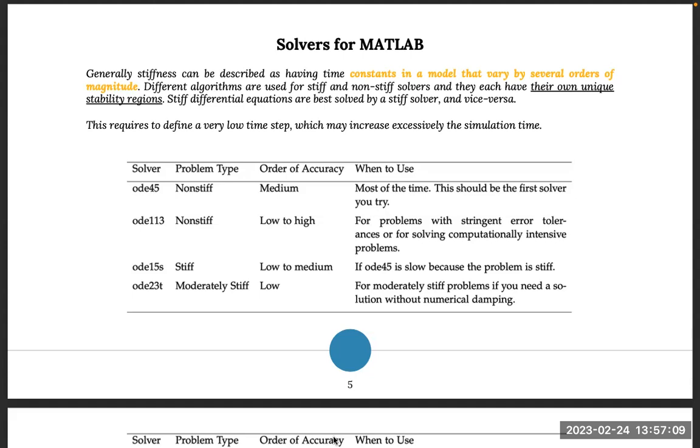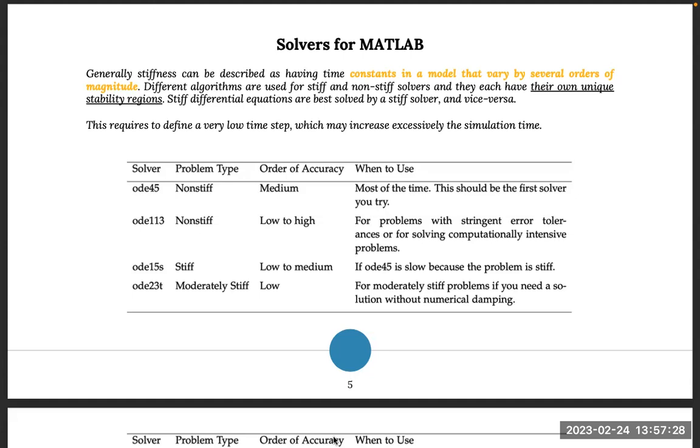Something very fast and something very slow, right? A non-stiff system is going to be either fast or slow, but it's going to have some non-fast behavior.